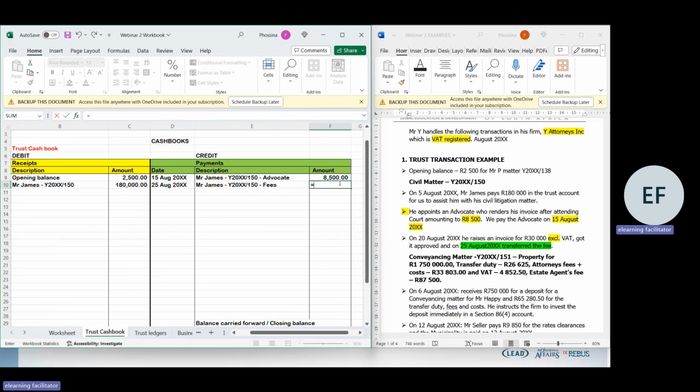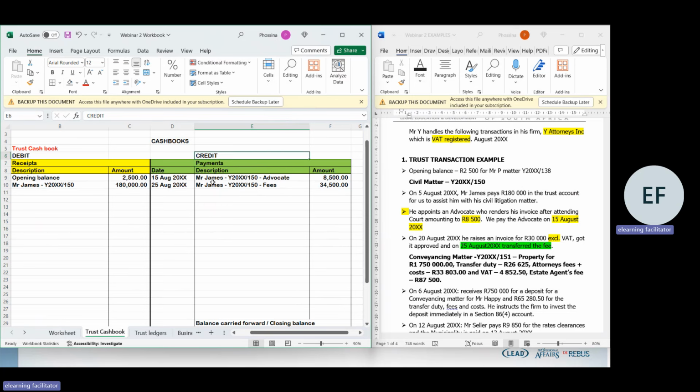So when we are collecting the money, we collect it from the trust account, including our fee. So we collect the full amount, 34,500, which is 30 plus the VAT, as we've previously said. And this is a payment out of the trust cash book. It's a payment, hence it's on the payment side, and it's on the credit side as well.